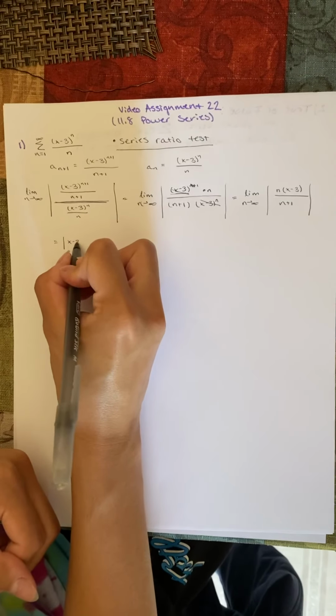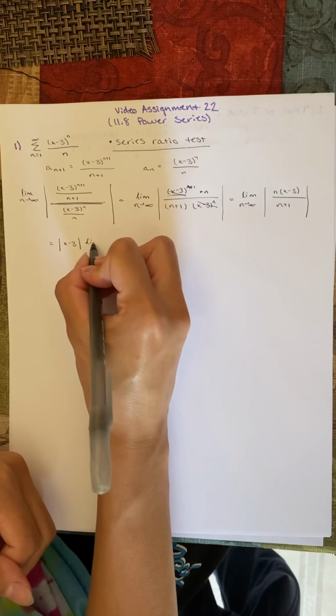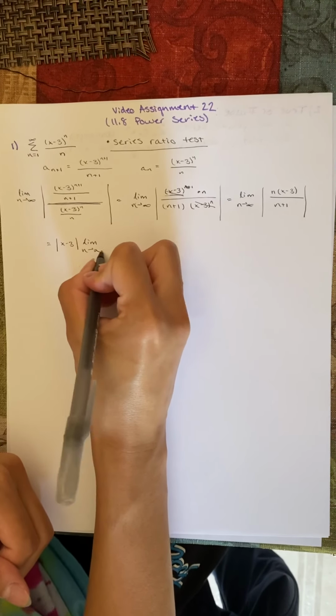So then we can bring that x minus 3 out in the front of the limit. Don't forget the absolute value signs.